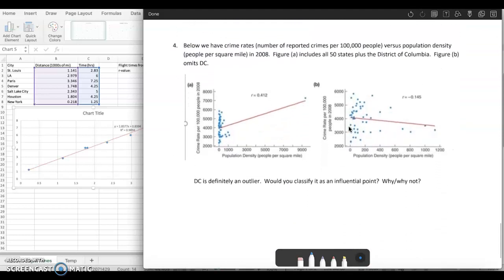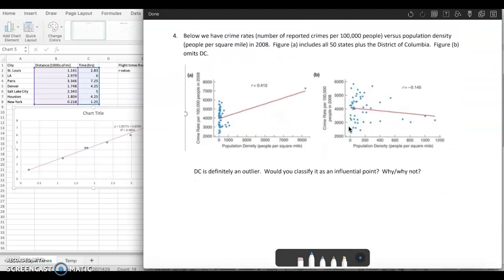So in this case, we have crime rates, the number of reported crimes per 100,000 people, versus population density, which is people per square mile, in 2008. Figure A includes all 50 states plus the District of Columbia, and Figure B omits DC.